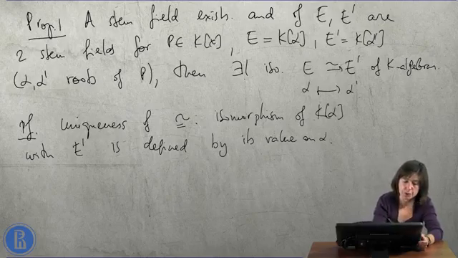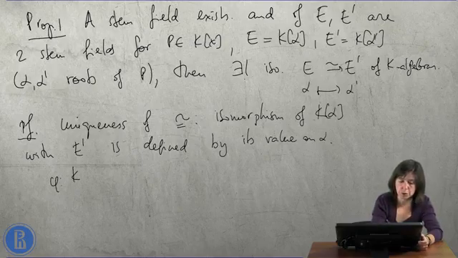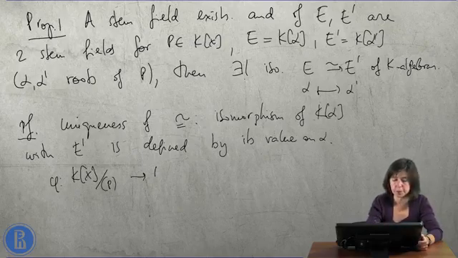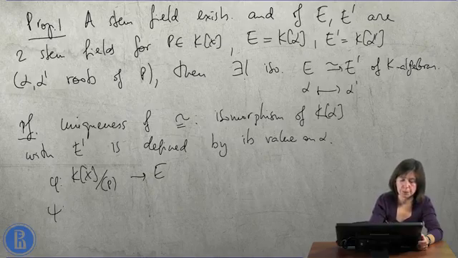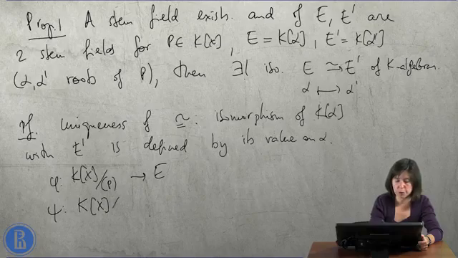But this is easy because I have phi from K[x] mod P to E. I have psi from K[x] mod P to E'.